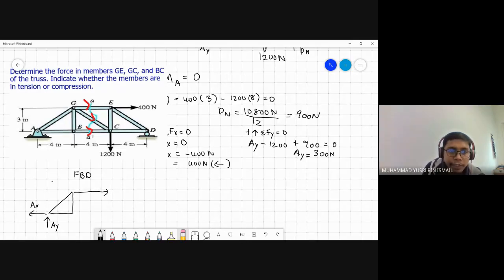Okay, this is after you cut through these trusses.